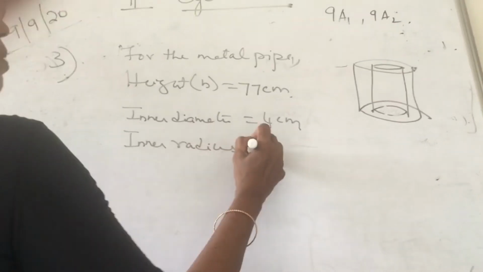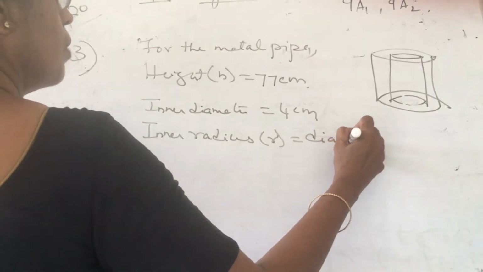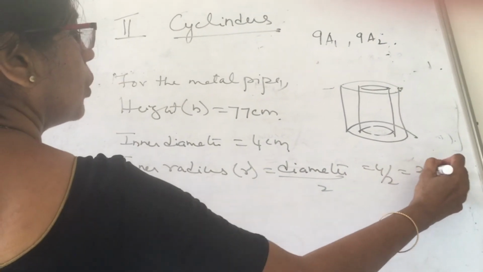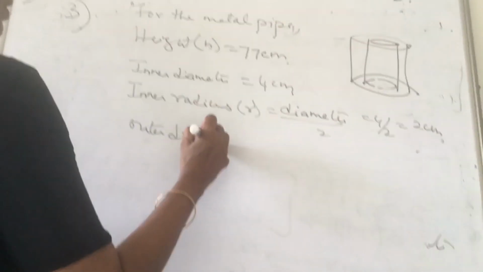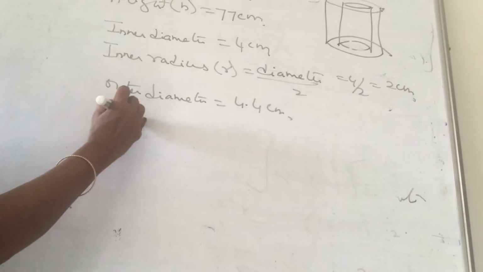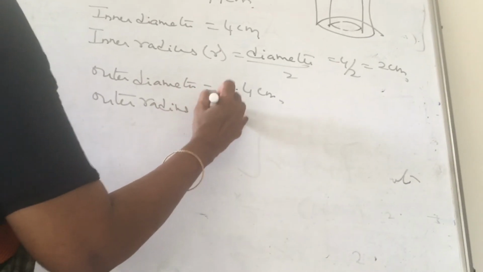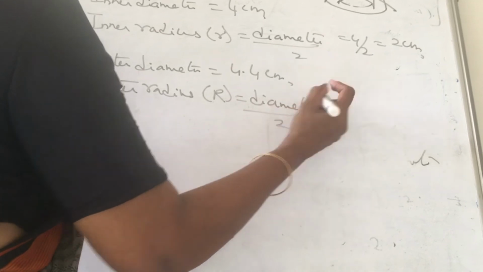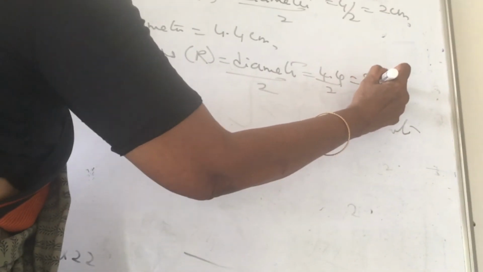In cylinder sums, we always require radius and height. 4 by 2. Outer diameter is how much, children? 4.4 centimeters. Outer radius is taken as what? Capital R. Yes, that is equal to 4.4 by 2. That is equal to how much?